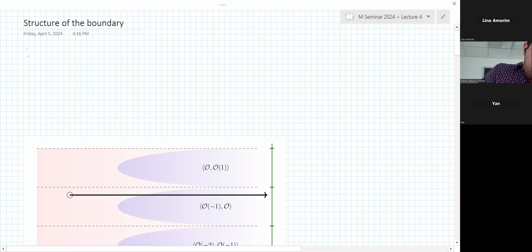Just to recall, basically I've described this construction of a partially compactified stability manifold.